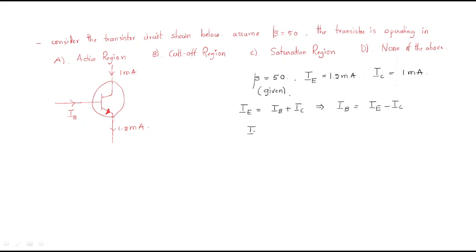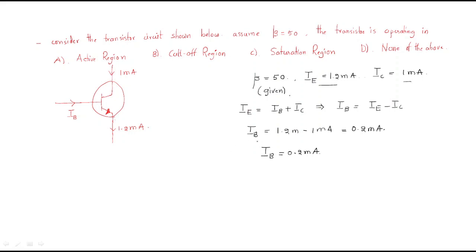So here the base current value equal to emitter current 1.2 milliamps minus collector current 1 milliamp. So by doing this we will find out the base current equal to 0.2 milliamps, right?